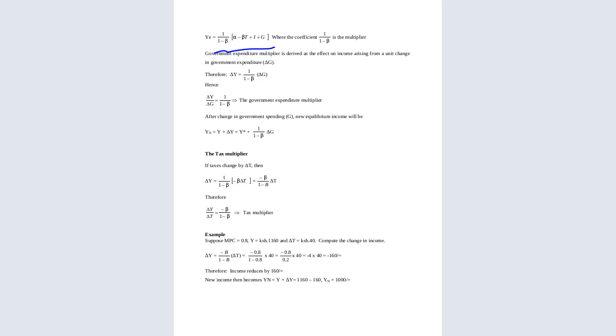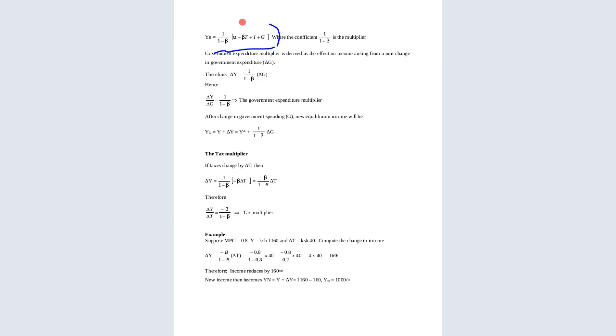Now the coefficient 1 over 1 minus beta is the multiplier for the government expenditure. Now if we can find the change in income over the change in government expenditure, then we have our government expenditure multiplier that we are discussing.